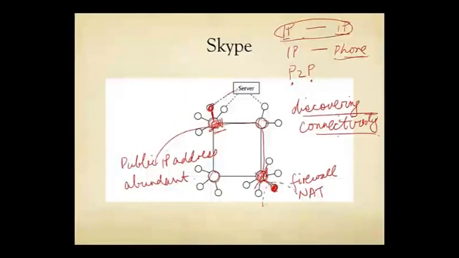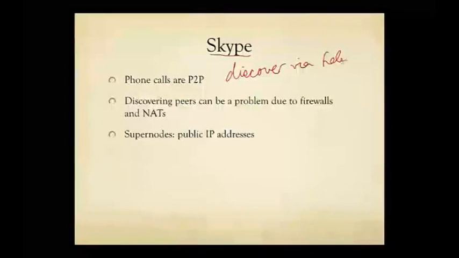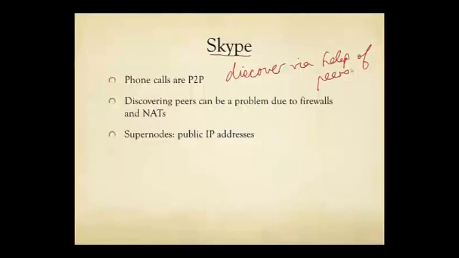But at least now caller and callee are directly connected. So the main idea behind Skype is that we can discover end-to-end connectivity via the help of peers, especially these powerful peers with public IP addresses called supernodes.